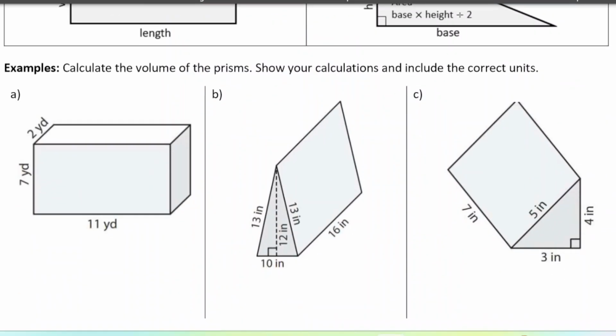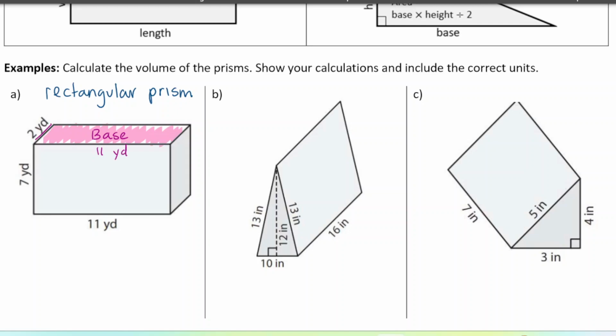All right, so this shape here is a rectangular prism. For rectangular prisms, it doesn't really matter which face you want to use as your base, but I'm just going to use this face here as my base. So the base is 2 yards by 11 yards.